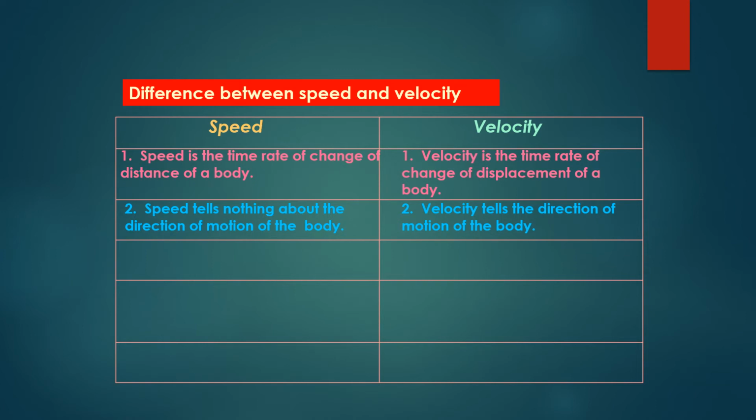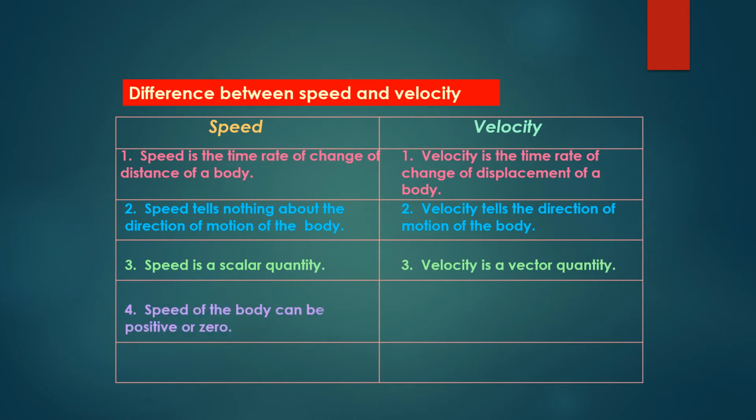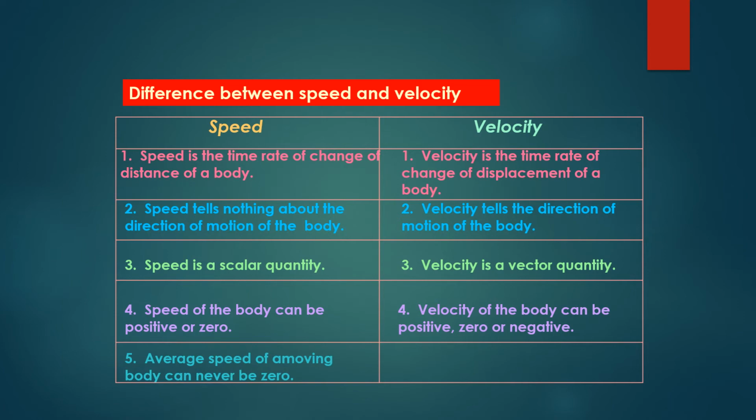Velocity tells you the direction of motion of the object. Speed is a scalar quantity, whereas velocity is a vector quantity. Speed of the body can be positive or zero. Velocity of the body can be positive, zero or negative. Average speed of a moving body can never be zero. Average velocity of a moving body can be zero.